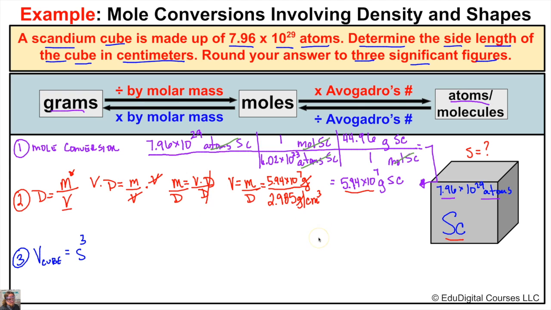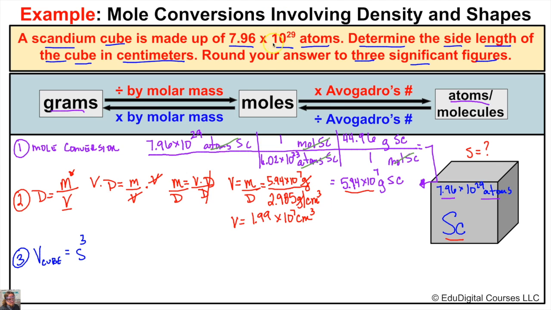And when we take 5.94 times 10 to the 7th and divide this by 2.985, we end up with 1.99 times 10 to the 7th. So our volume is going to equal 1.99 times 10 to the 7th centimeters cubed.